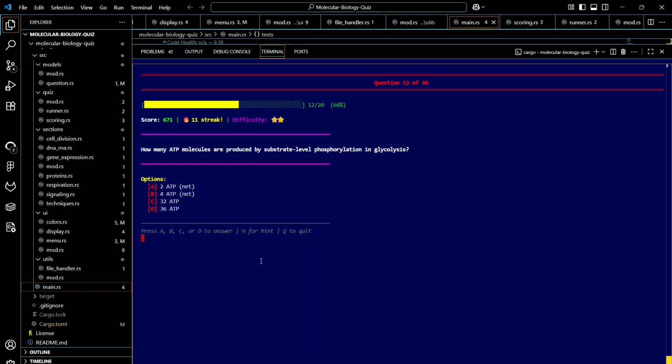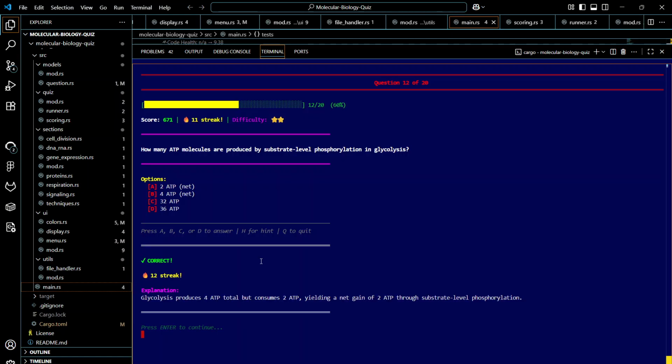How many adenosine triphosphate molecules are produced by substrate level phosphorylation in glycolysis? I think it's 2. Let's read the explanation. Yeah, that's right. Glycolysis produces 4 ATP total but consumes 2 adenosine triphosphate, yielding a net gain of 2 ATP through substrate level phosphorylation. Got it.